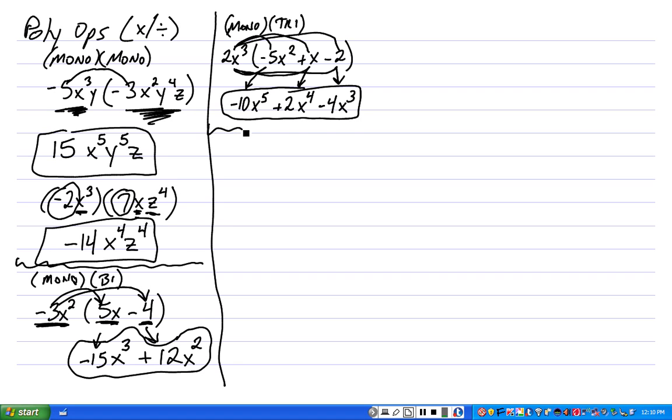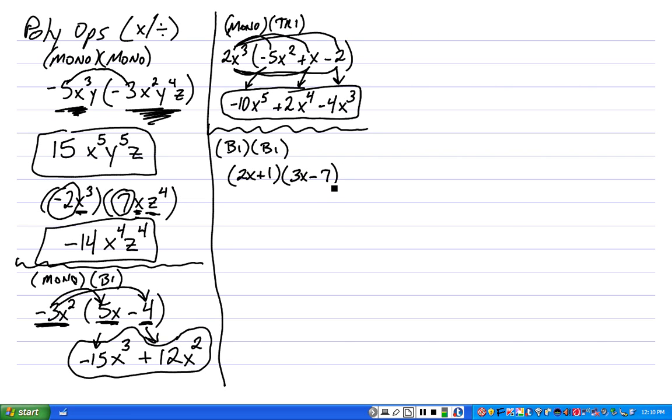Okay, now let's look at a binomial times another binomial. Let's say we have something like 2x plus 1 times 3x minus 7.